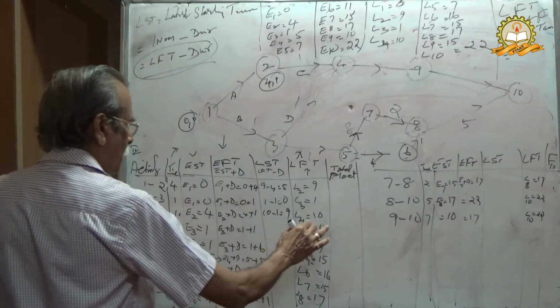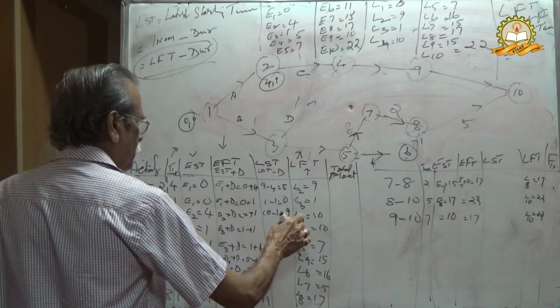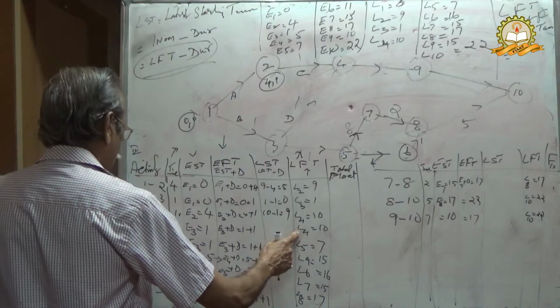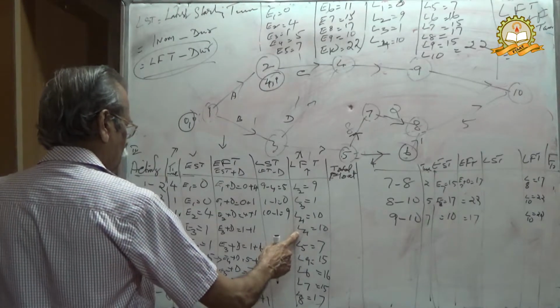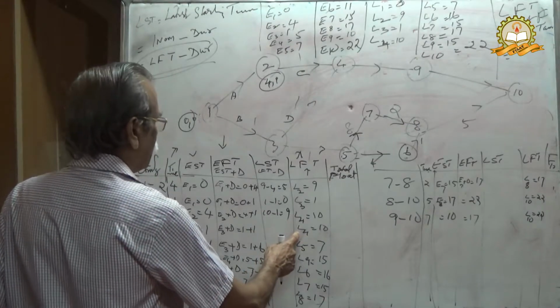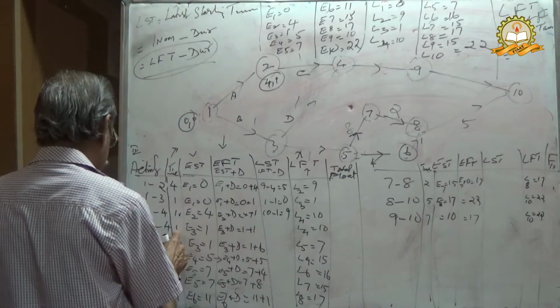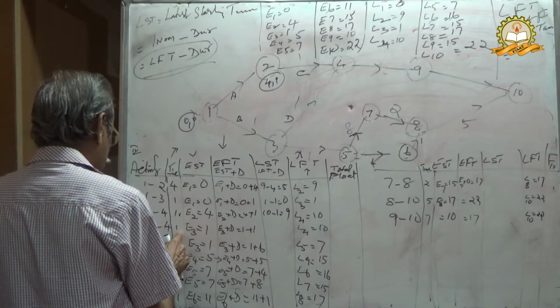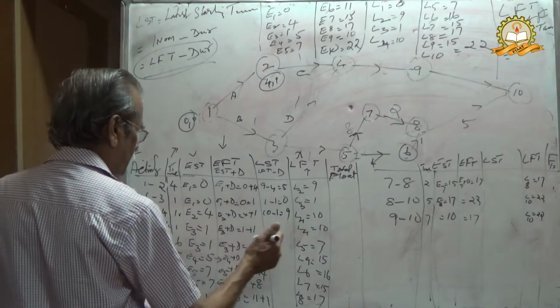Therefore, what have you written? 10 minus 1. Sorry, what is L4? L4 equals 10. 10 minus 1, 9.